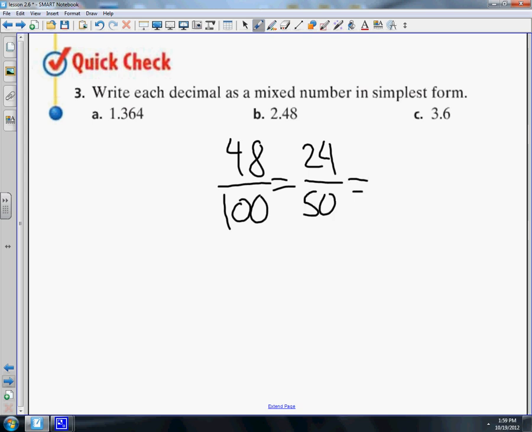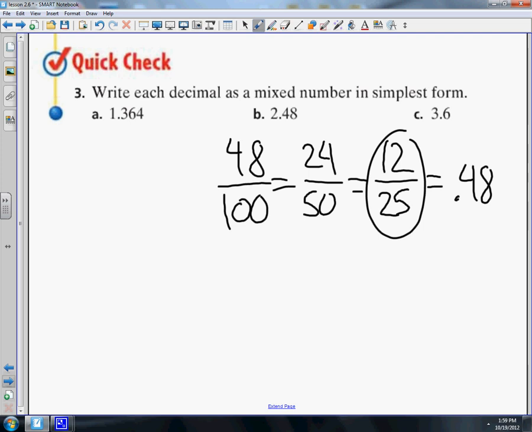This isn't the simplest form yet, we can keep reducing. 24 divided by 2 is 12. And 50 divided by 2 is 25. That looks like it's in simplest form. There's no other number that can divide 12 and 25 besides the number 1. So this means this number right here equals 0.48.